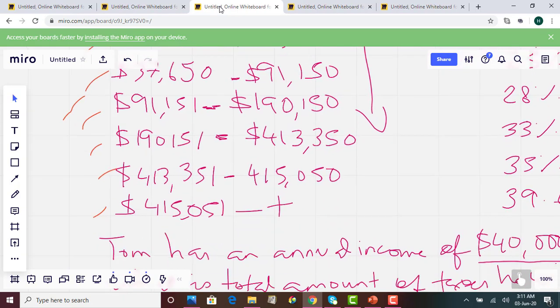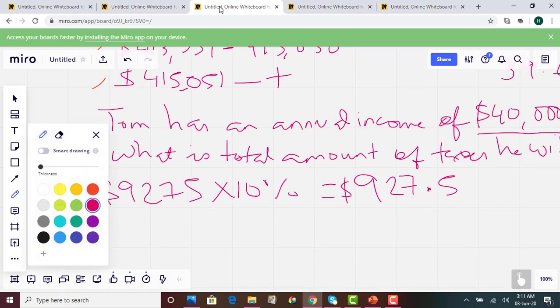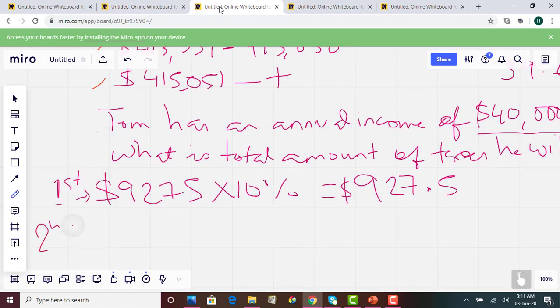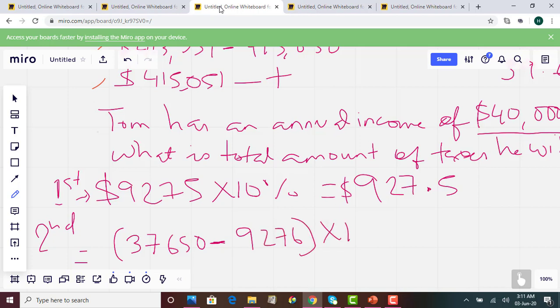So what we are going to do in the second tier is take the upper level of the second tier, which is 37,650, subtract the lower level, which is 9,276, and then multiply this by 15%. This is a little bit tricky, but the formula is: we take the upper level minus the lower level, then multiply by the marginal tax rate.